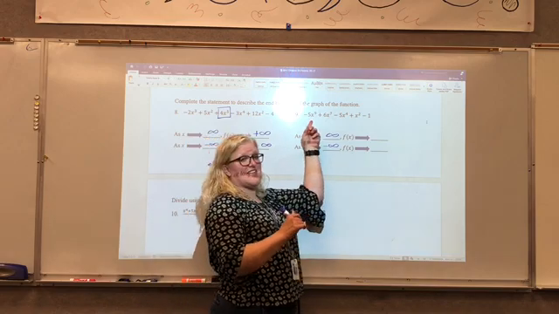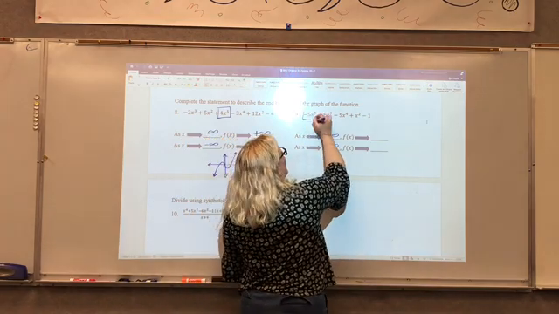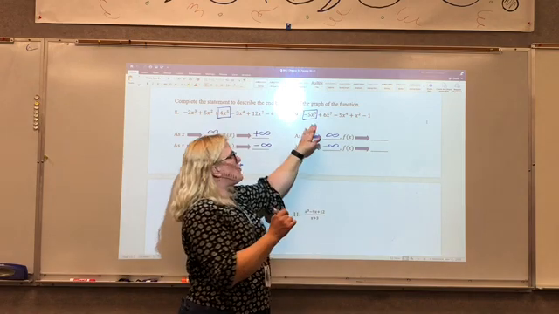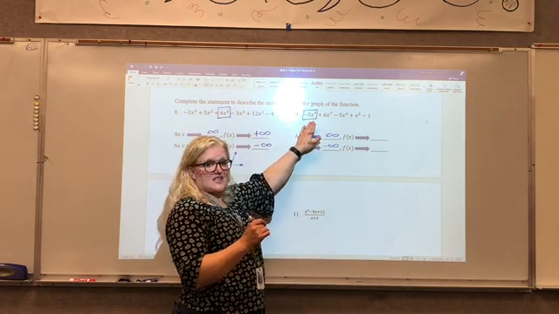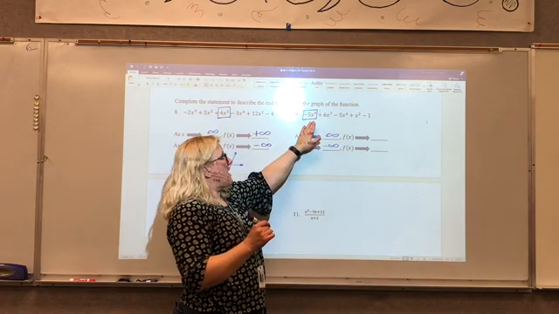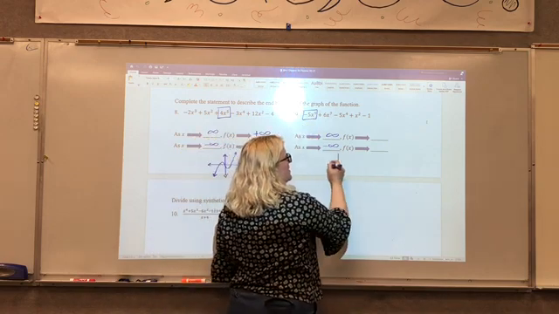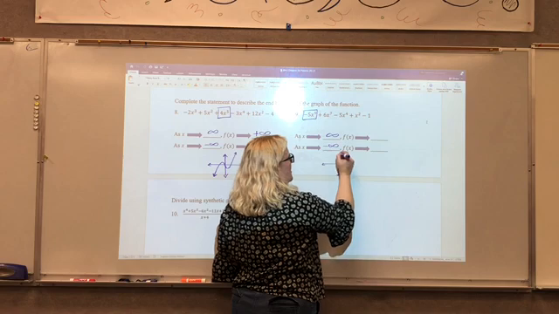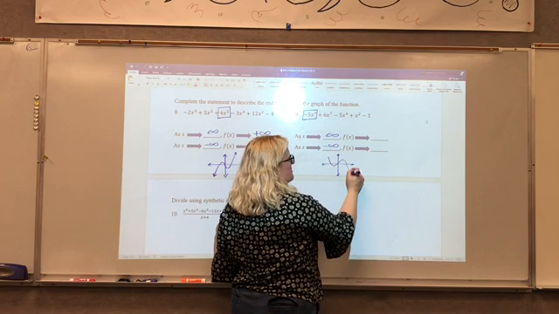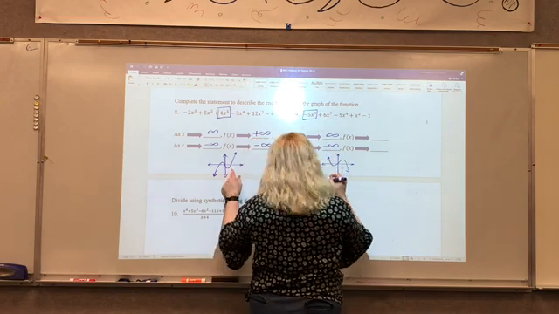Okay, same with this one. This one is in standard form. So I'm looking at the term, again, with the highest exponent. And this one is negative and odd. So this one is going to look something like this, the opposite of the last one.